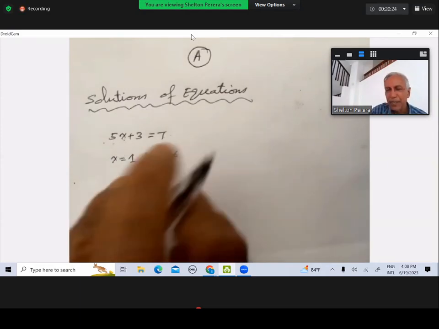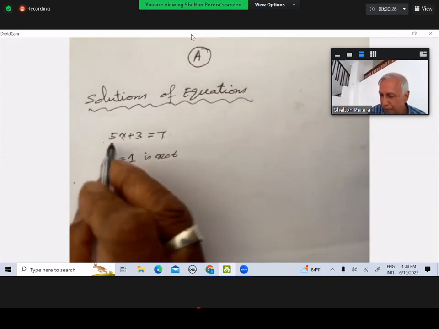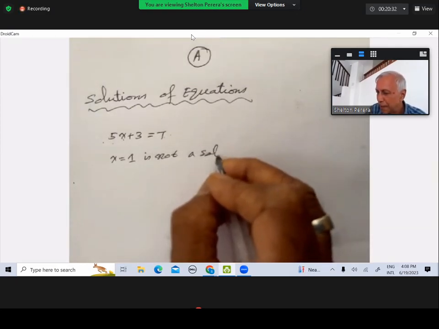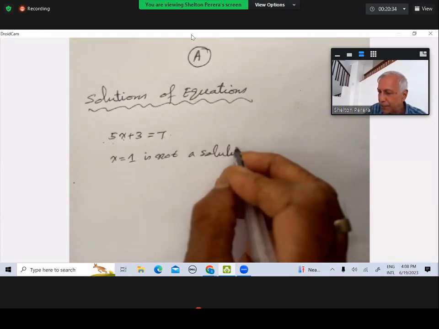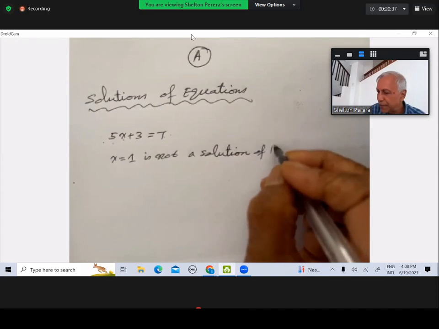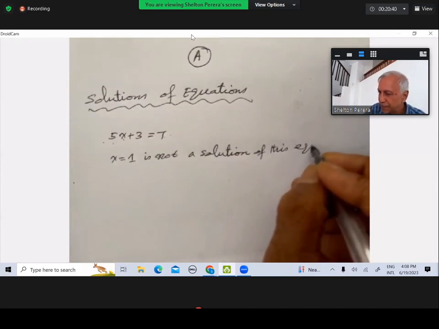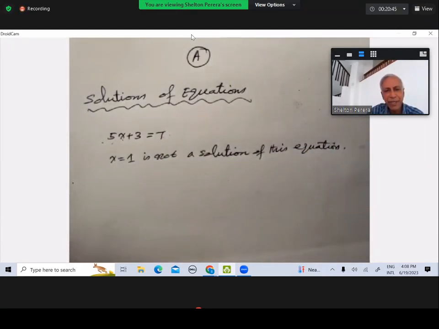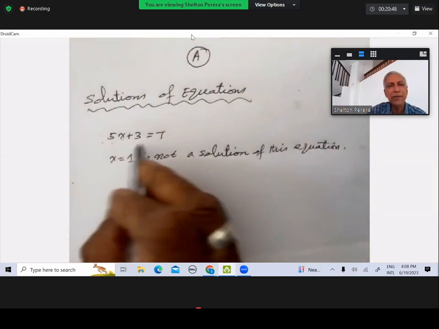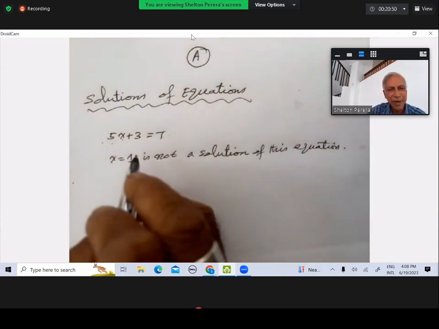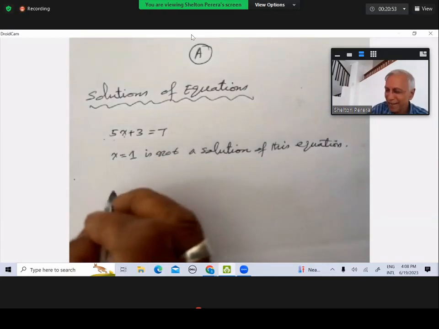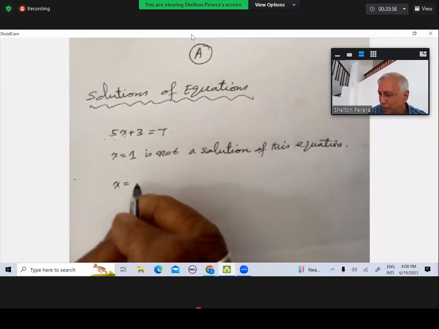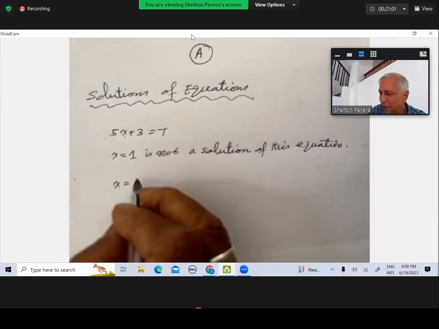What is a solution? A solution is a value of x that satisfies this equation. Understand the concept. If you try any value you wish, chances are that it is not a solution of this equation. But if you know how to solve it, you can get the value x is equal to 4 over 5.